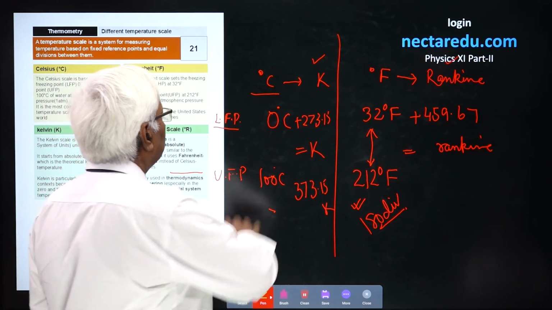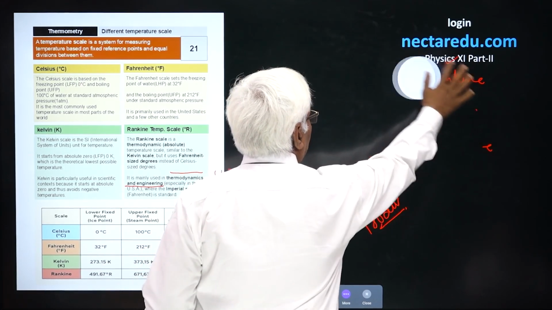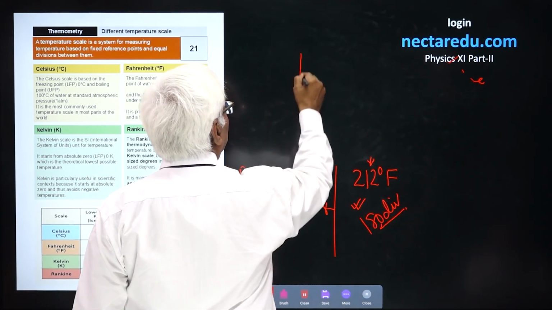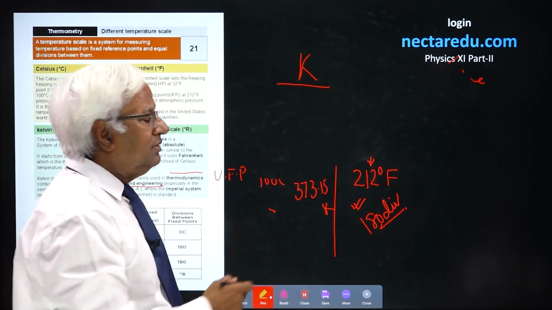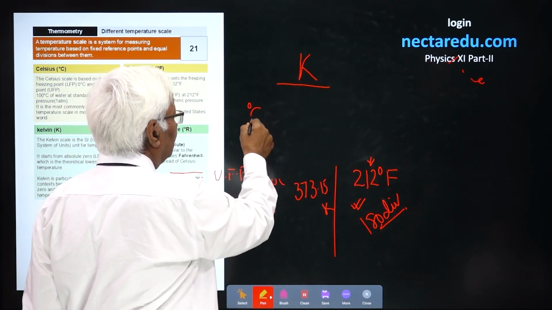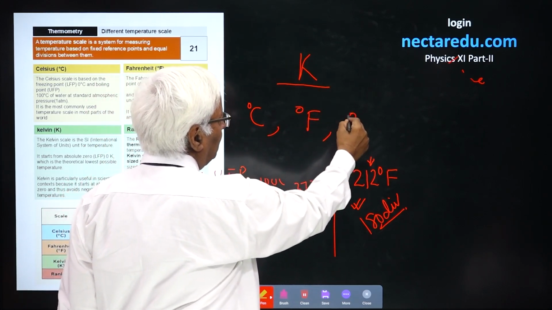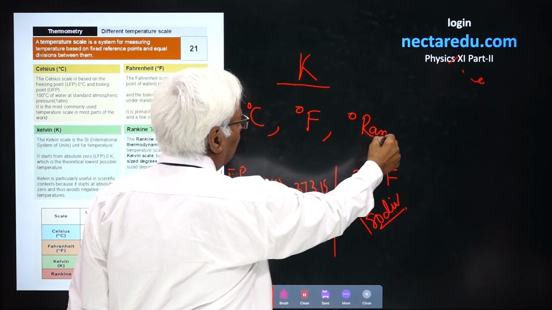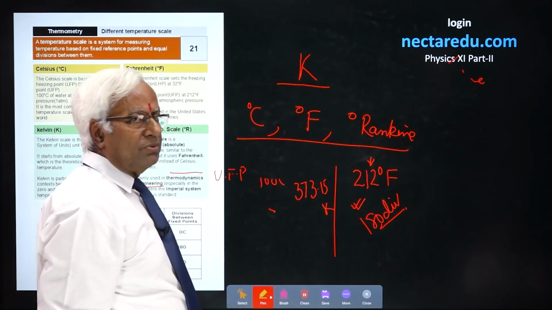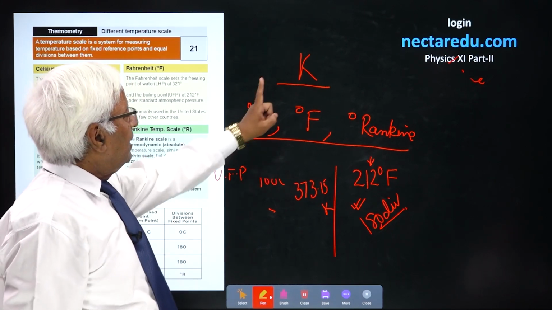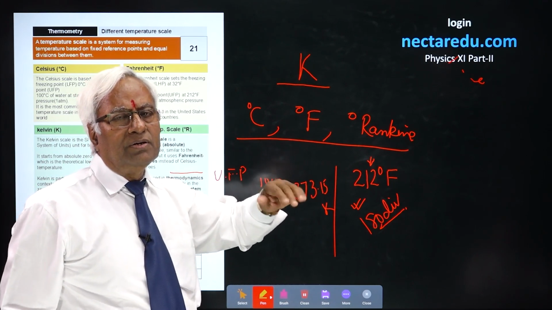With Kelvin, you have to note down one very important thing, that with Kelvin we don't use the term degree. For other units like degree Celsius, degree Fahrenheit, degree Rankine, we'll use degree with all the units of temperature, but it's exceptional for Kelvin. We don't use degree with Kelvin.